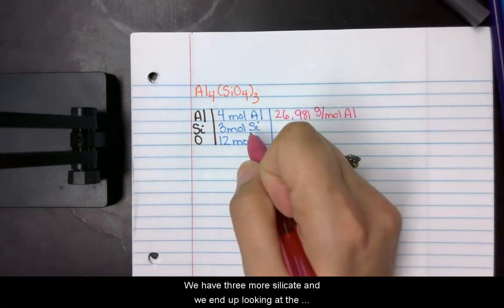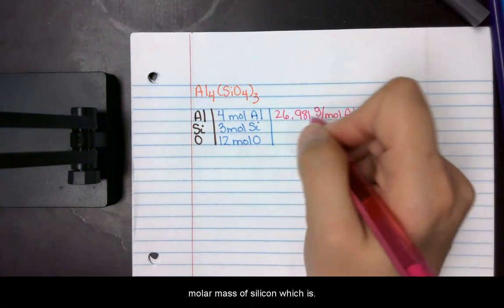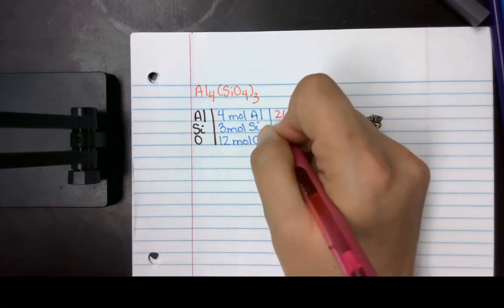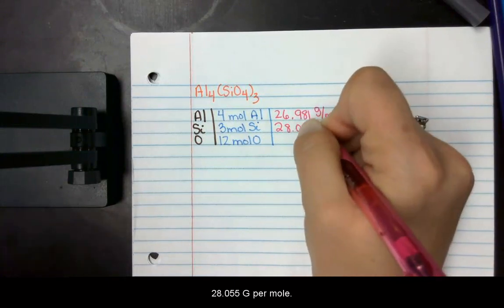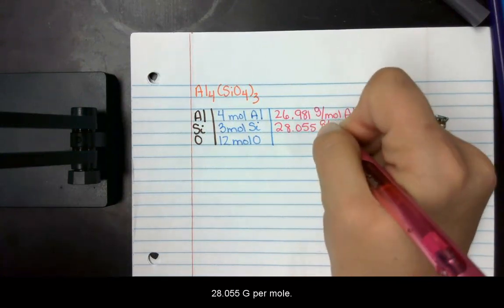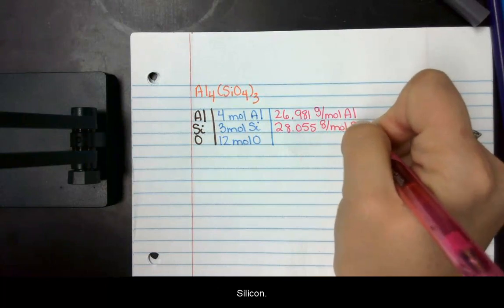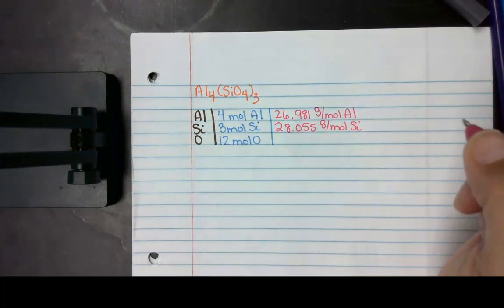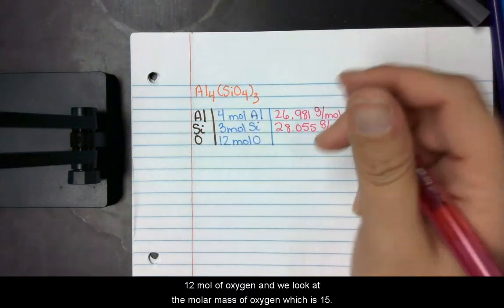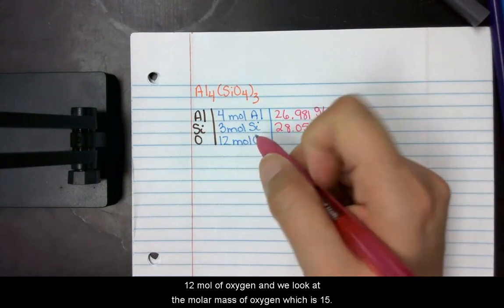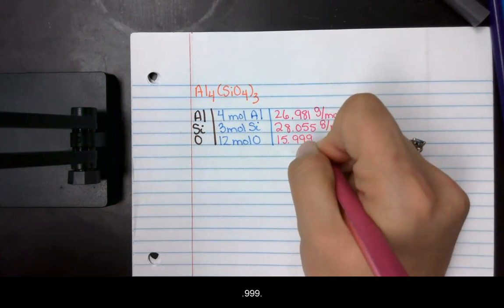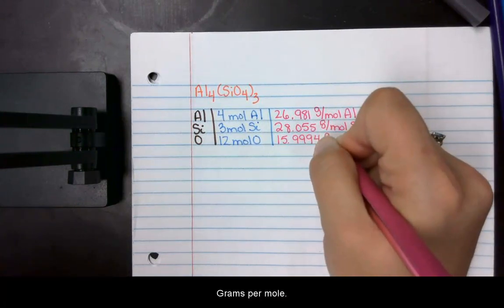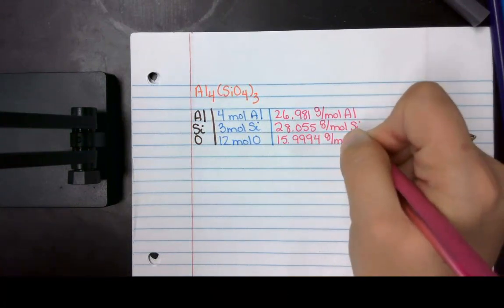We have 3 mole of silicate, and we look at the molar mass of silicon, which is 28.055 grams per mole of silicon. And we end up with 12 moles of oxygen, and the molar mass of oxygen is 15.9994 grams per mole of oxygen.